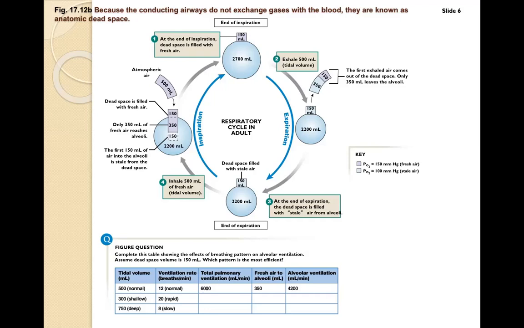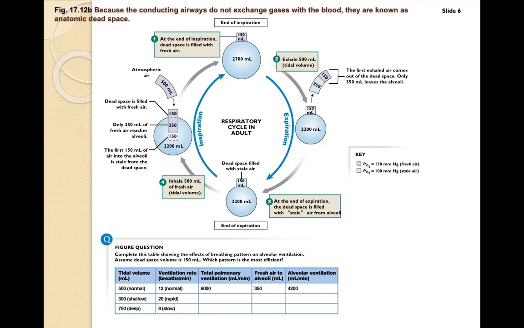So our shallow breaths are 300 mils per breath, and our respiratory rate in that case is 20. And then we're going to do the example of a volume of air of 750, and we're going to take slow breaths, and we're going to calculate which of these is actually going to give us better fresh air to the alveoli.